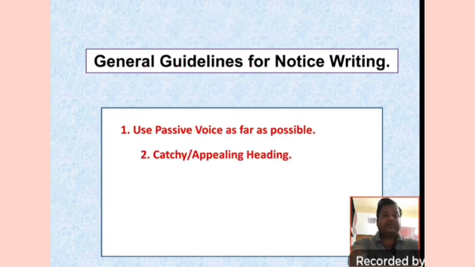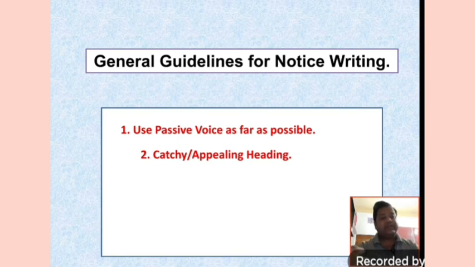Next key point is, while writing a notice, the heading of the notice should be catchy and appealing, so that it is able to attract the attention of the readers or of the people concerned.